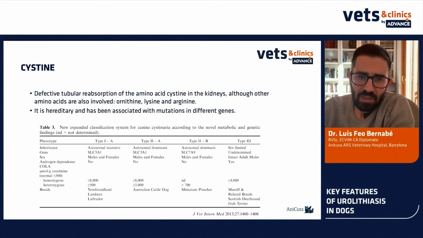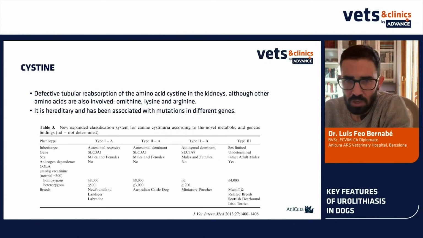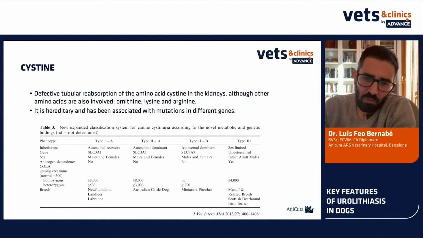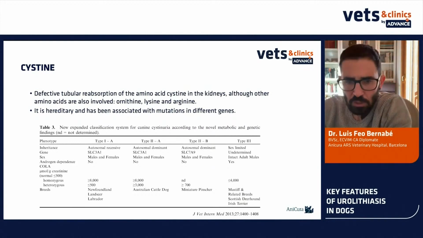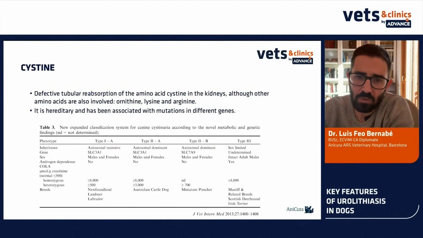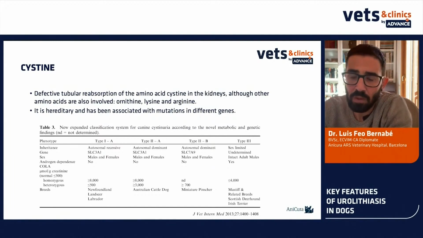In most cases it's clearly hereditary and has been associated with different mutations, as you can see in this table from a paper from 2013. So most of the time, we know there is a congenital or hereditary disease with genetic involvement.